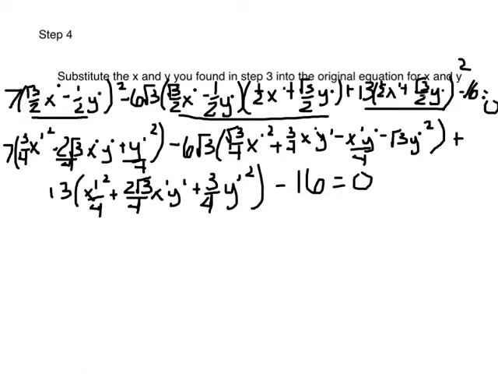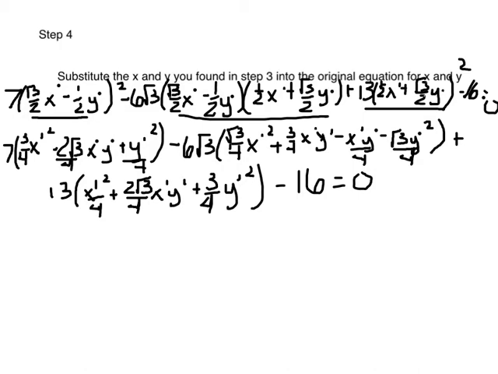You'll probably notice there were a couple of fractions that I did not simplify, and the reason is because everything has a denominator of 4, or in the case of 16, the denominator is 1. This means I can just multiply everything by 4 to make the fractions go away. If you do not feel comfortable with that, just go ahead and distribute and then combine like terms.